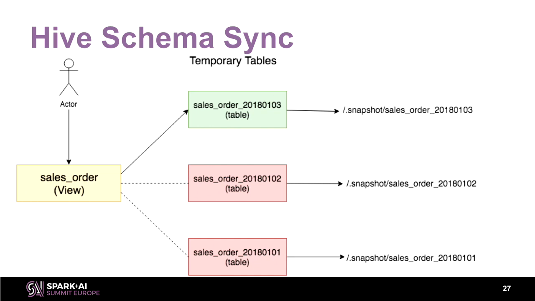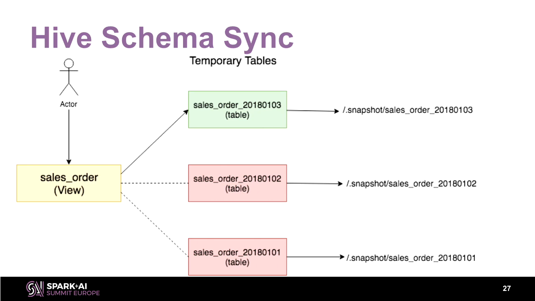This helps in a couple of things. One is that you do not expose base directories directly to the user, so you're writing to your base directories, which readers are not really reading from. Secondly, it also helps to maintain versions of your data, so that if somebody wants to go back in time and see what my data looked like at that point, you can just switch to the table or view of that particular date and see what the data was.